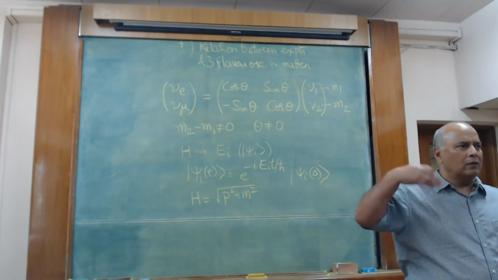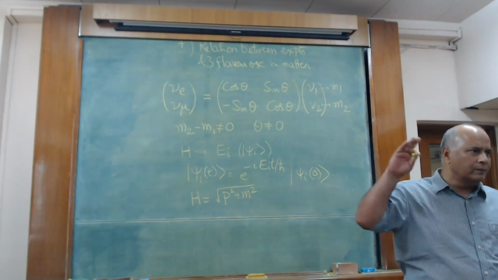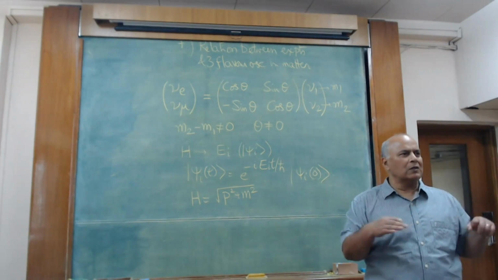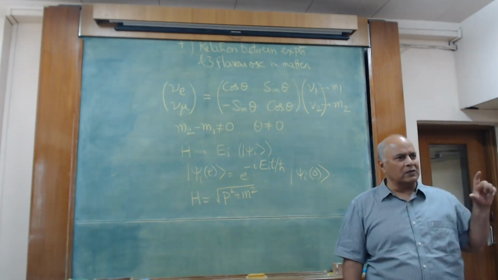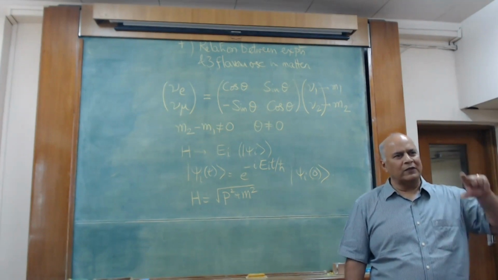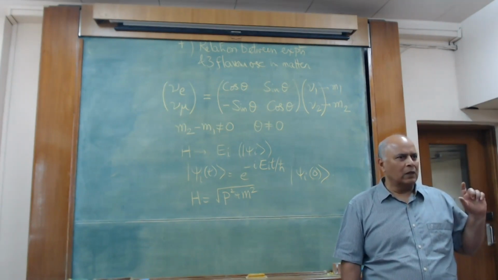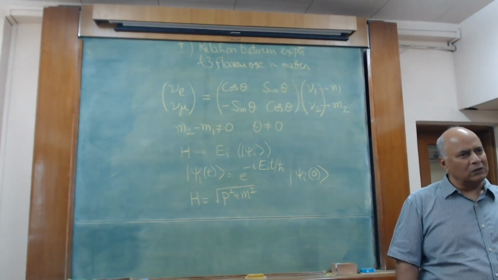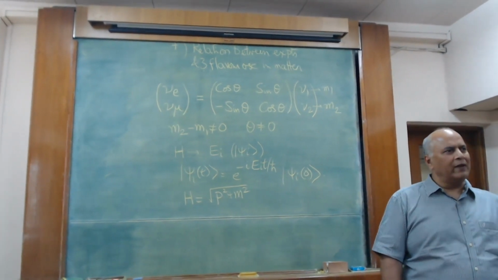And j, if you remember, is such that j into j plus 1 is the eigenvalue of the operator j square, and j square is jx square plus jy square plus jz square, which has the property that it commutes with jx, commutes with jy, commutes with jz.